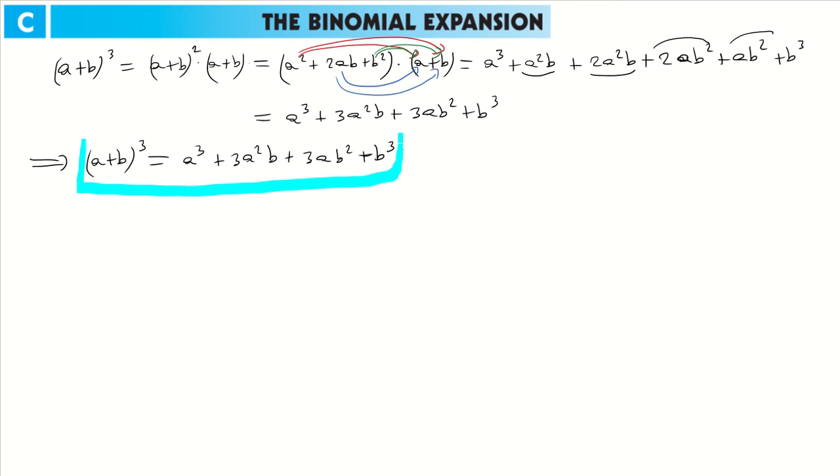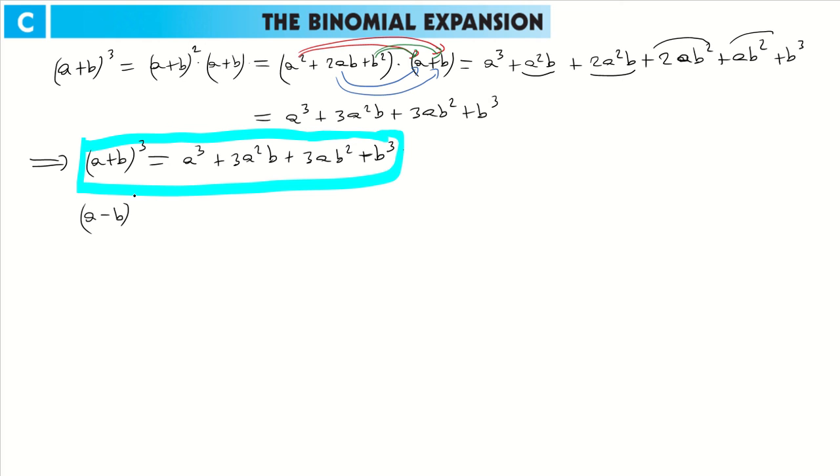And I can use this to solve some exercises. So let's do an example. Before we do the example, I also give you the expansion of the following. Instead of plus, we can also have minus.